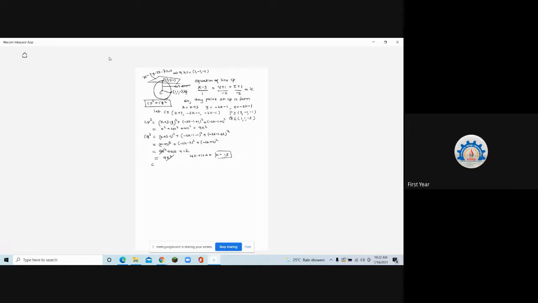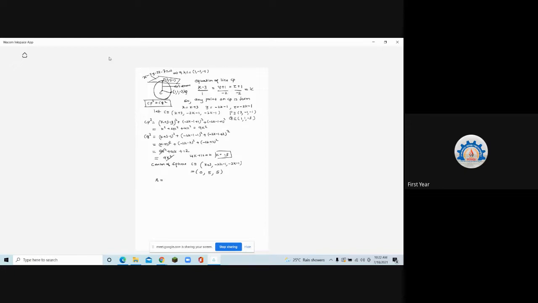And therefore your center of the sphere, which is C, will become (k + 3, -2k - 1, -2k - 1), which becomes minus 3 plus 3 is 0, minus 3 into minus 2 is plus 6, 6 minus 1 is 5, and 6 minus 1 is 5. So the center you have got. And what about the radius?